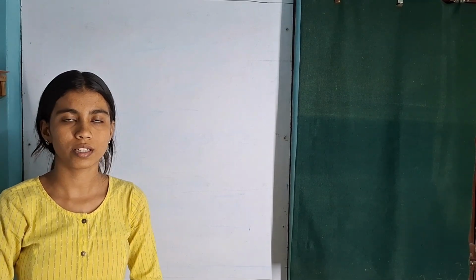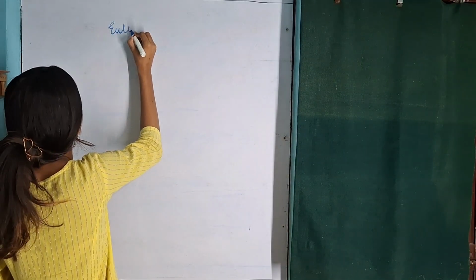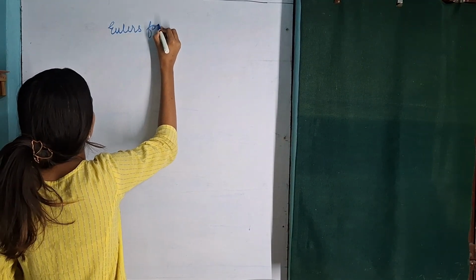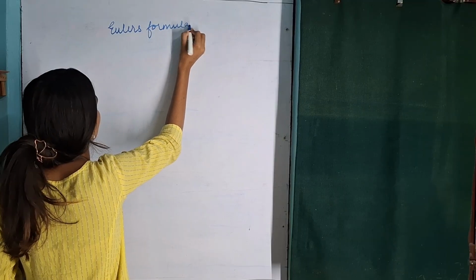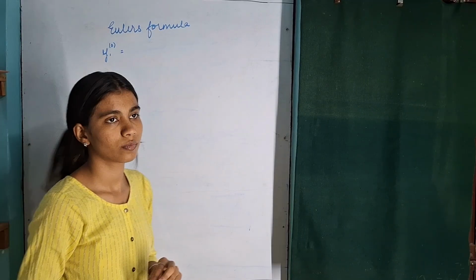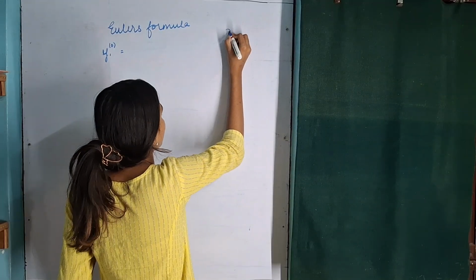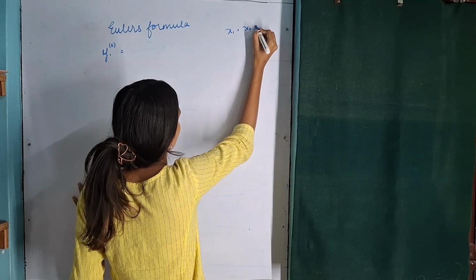Once you have found the value of f of x naught comma y naught, next we are going to put Euler's formula. In this you will find y1 of 0. You will calculate x1 as x naught plus h.